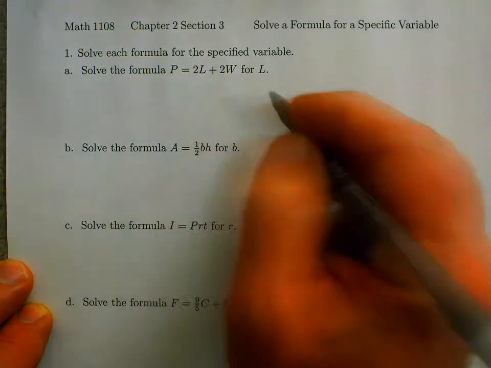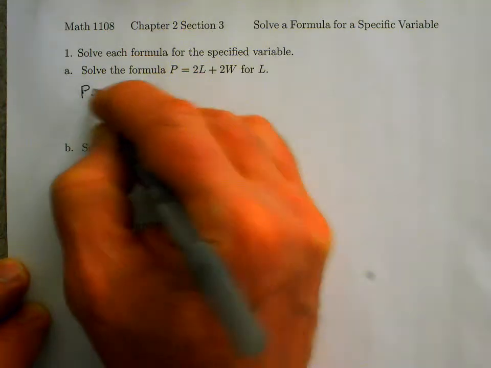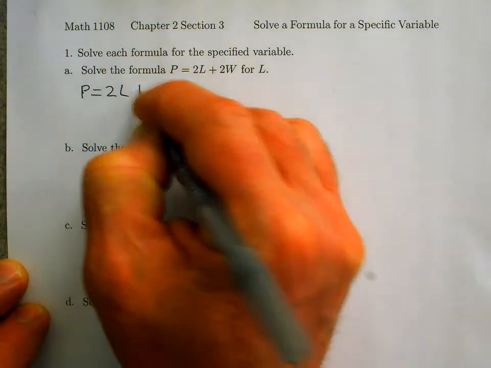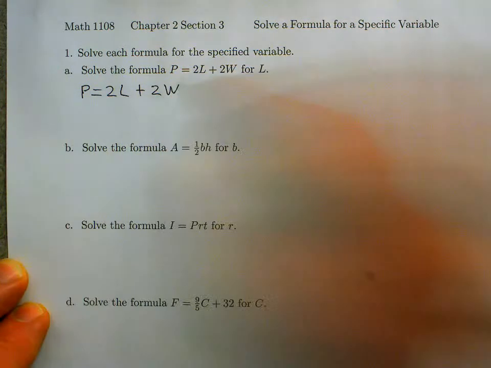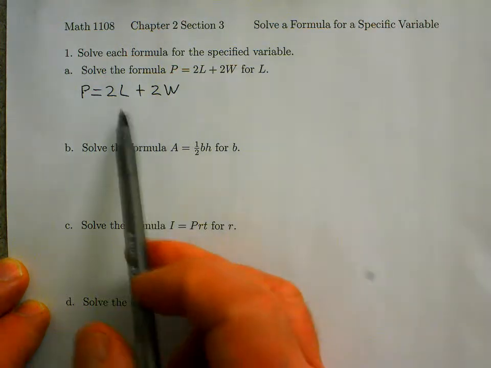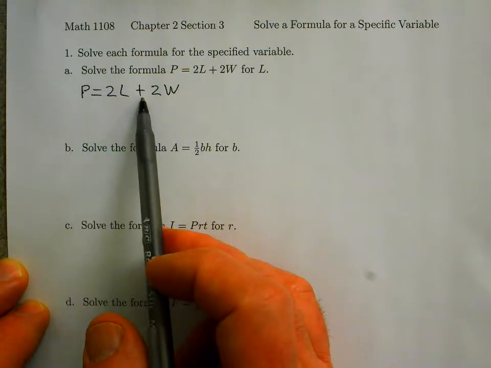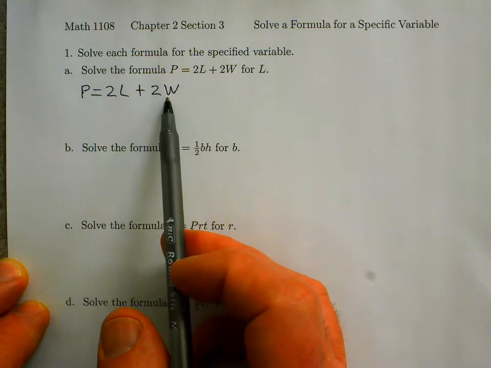So I'll rewrite the formula in the open space. P equals 2 times L plus 2 times W. We want to solve for L. So first thing we'll do is subtract 2W from both sides.